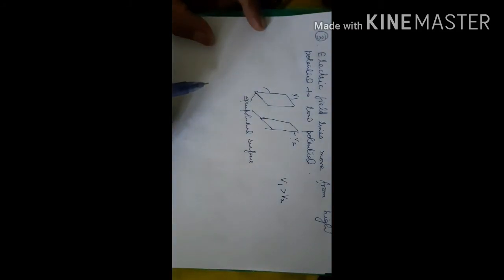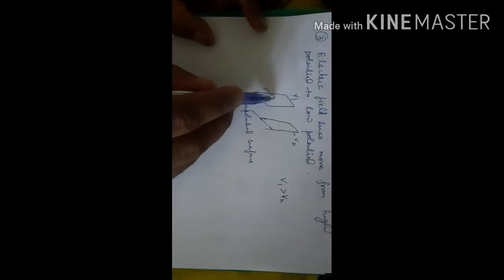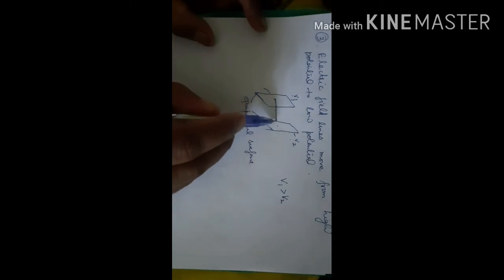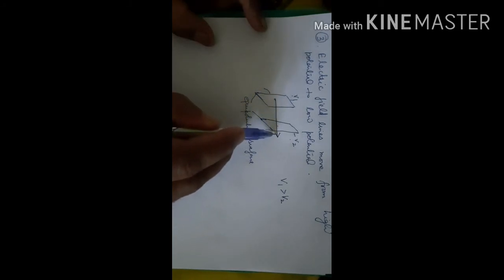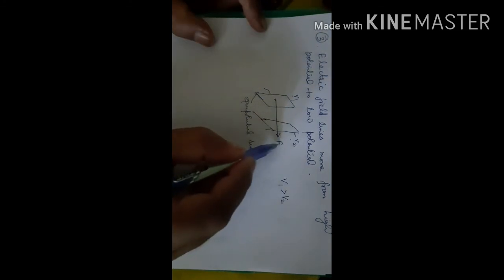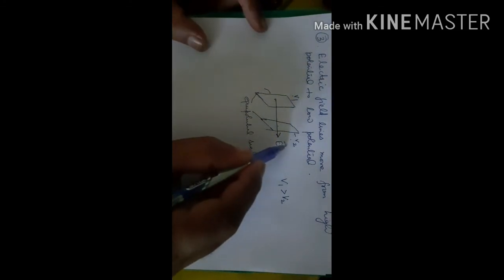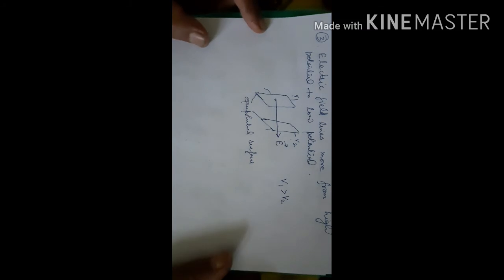So if you want to draw the electric field lines, they will be perpendicular to the surface and move from higher potential to lower potential. So this is your higher potential and this is your lower potential. What should be the direction of the electric field lines? It is towards this side. So this will be the direction of the electric field lines. So this is the third property.